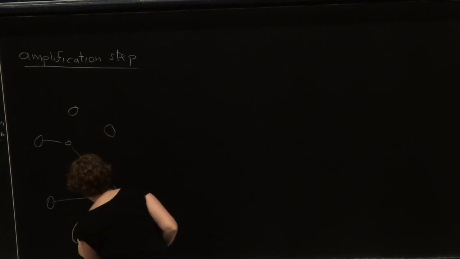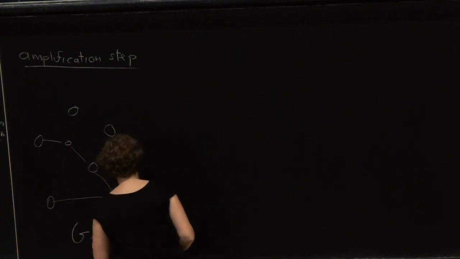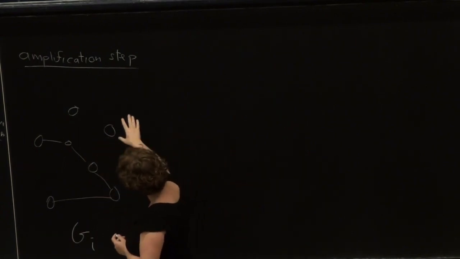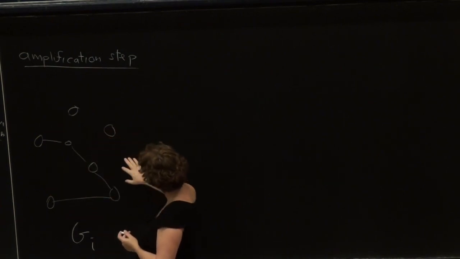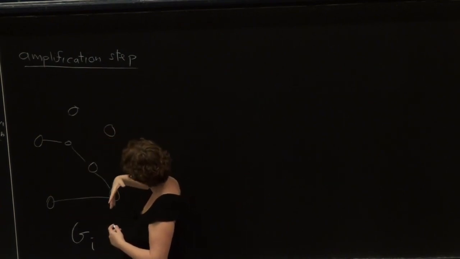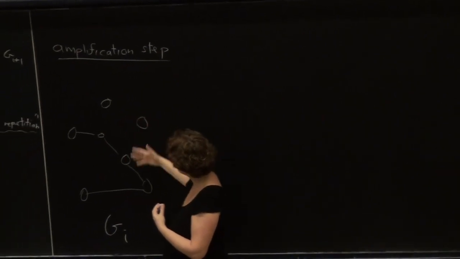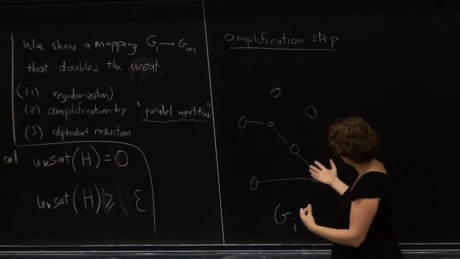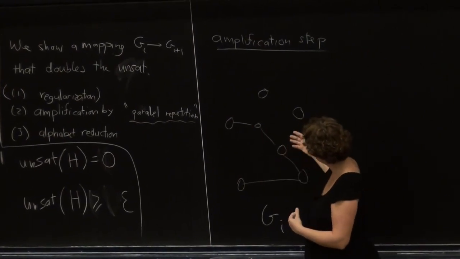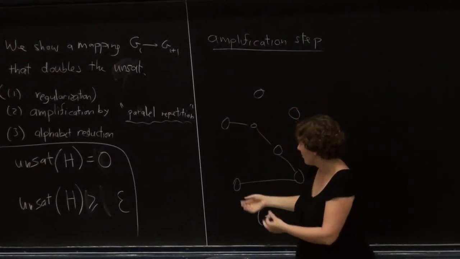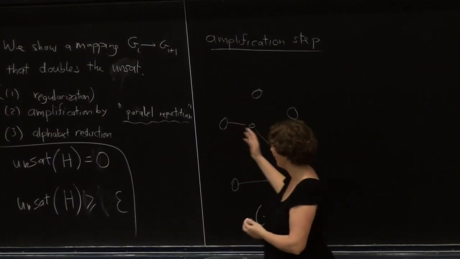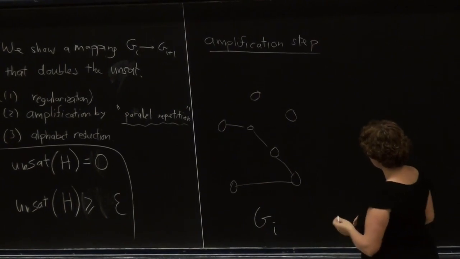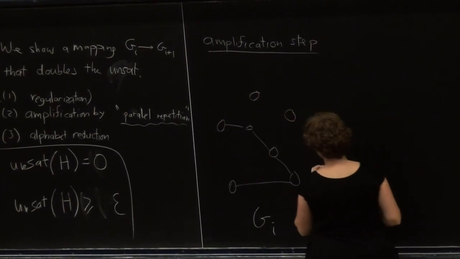This is our G_i, and now we will create the G_{i+1}. In this graph, if you view it as a 3-coloring instance, it's one of 2 cases: either it's perfectly 3-colorable, or no 3-coloring colors more than 1 minus some fraction epsilon of the edges.